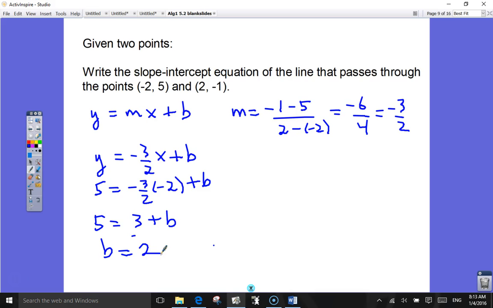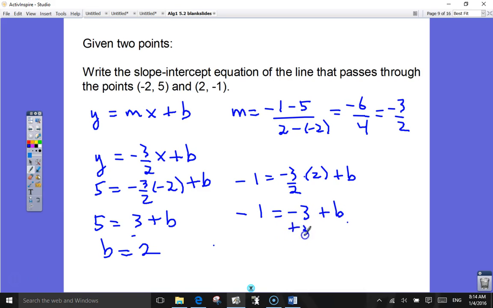Okay, now if I use the other point, then it'll look like this. It'll look like -1 equals -3 halves times +2 plus b. So -1 equals -3 plus b.